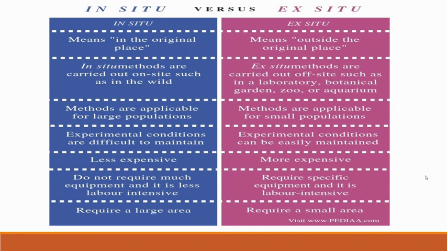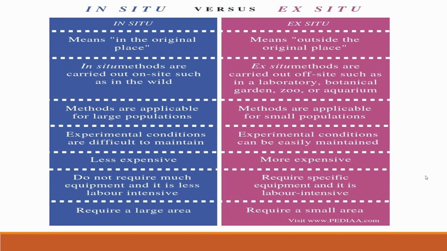In situ, like you said, means in the original place, ex situ means outside. In situ methods are carried out on site, while ex situ methods are taken to the laboratory. In situ methods are applied to a large population, while ex situ is applicable to a smaller population. Experimental conditions are difficult to maintain in situ, but in ex situ you can maintain them.